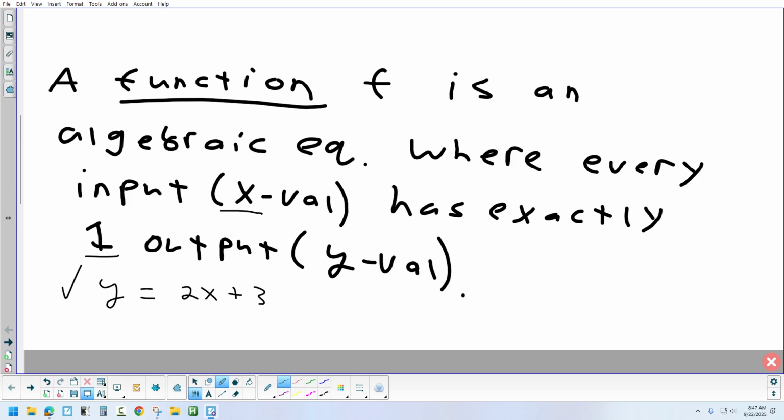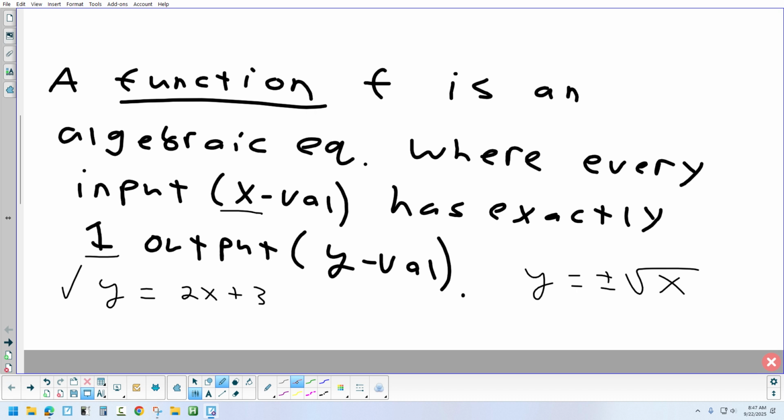Here's something that's not a function. Y equals the positive and negative square root of x. Let's start with 9. If I plug in 9, what number can you multiply by itself, that's the square root, that's positive and gives you 9? 3.